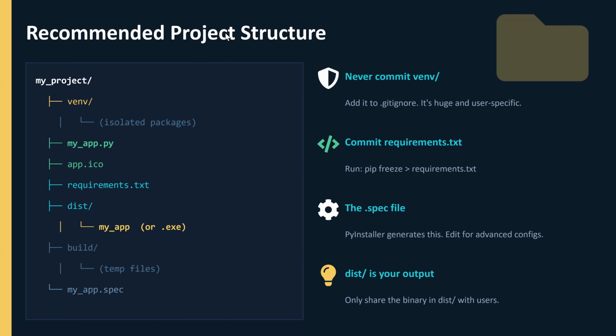This is a very important project structure. You have to know the architecture, the structure of how these files are going to be available on the system. And when you have the requirements.txt, you don't want to just put this directory into GitHub. These are a lot of packages that are unnecessary to upload.